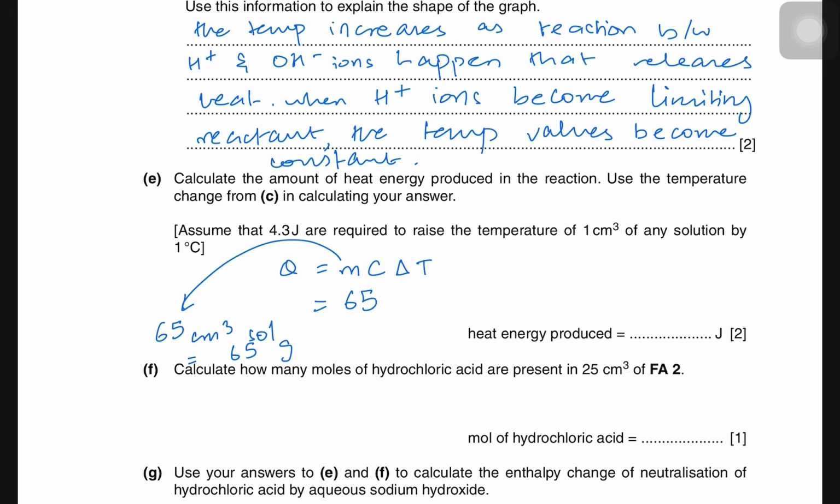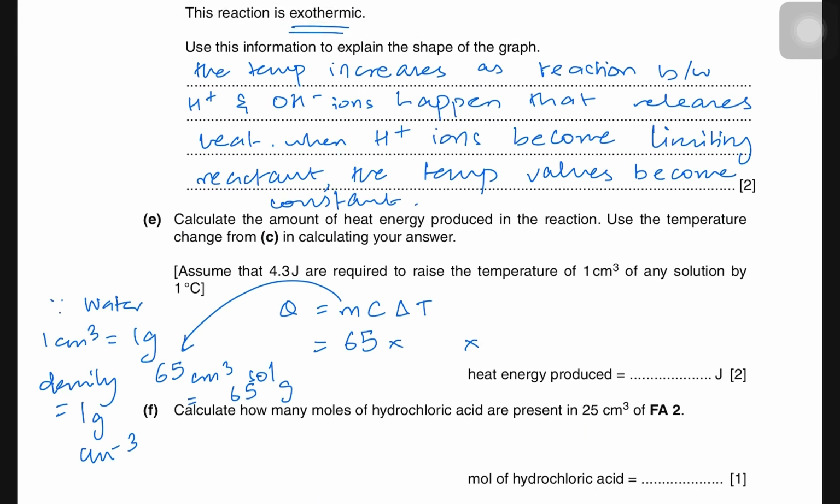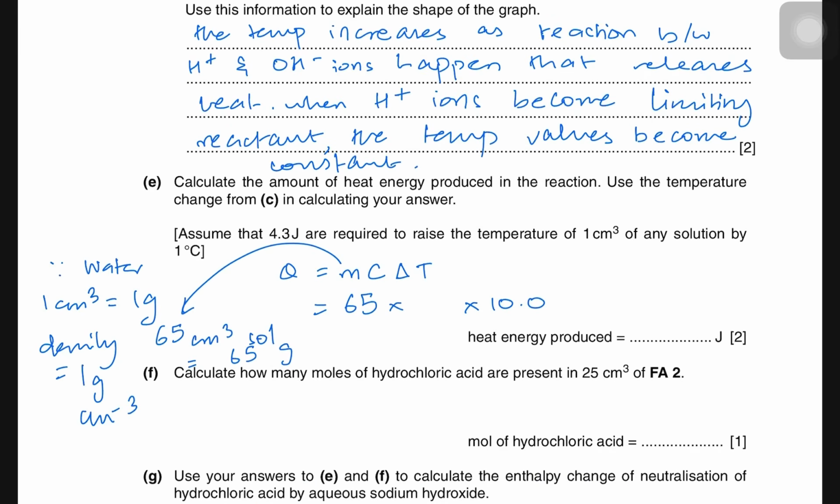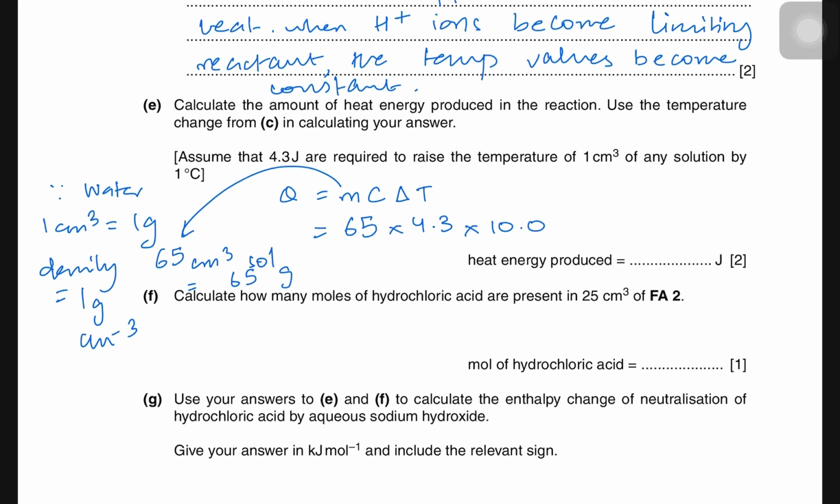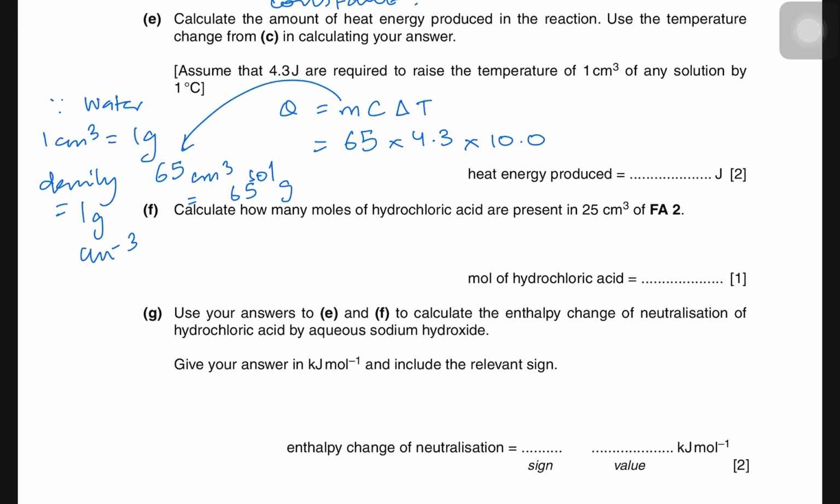For water or aqueous solutions, 1 centimeter cube is equal to 1 gram, because density is 1 gram per centimeter cube. The change in temperature we just found is 10.0 and the specific heat capacity is 4.3. So we can multiply that and get the answer for heat. I'm not solving it here, you can do that.